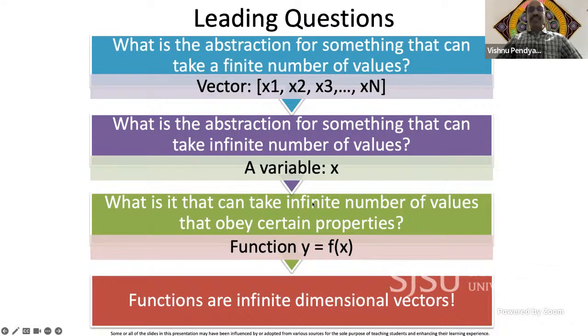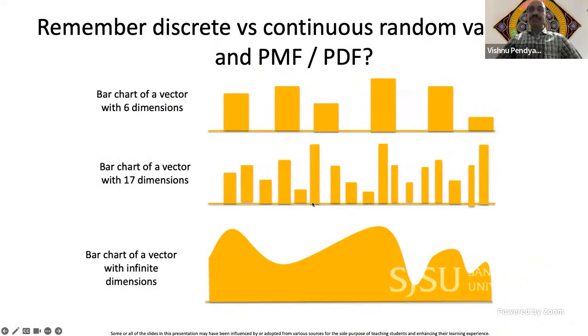If you're not convinced, here's another slide for you. If you draw a bar chart with, say, 6 dimensions, it might look like this. Now, in the same space, if you try to fit 17 dimensions, 17 numbers, it might look like this. Now, if you try to fit infinite dimensions into the same space, they might look like a solid curved mass, right?